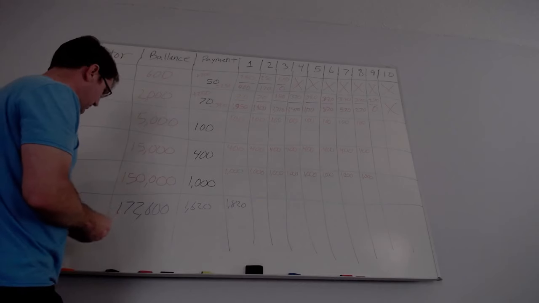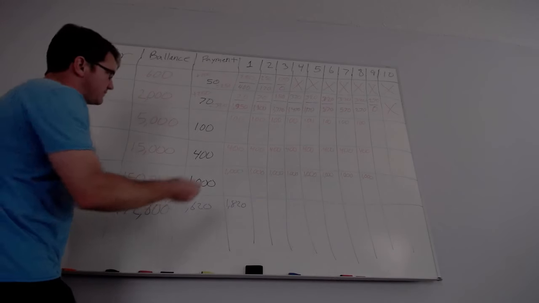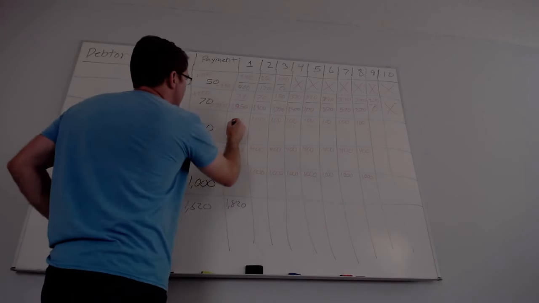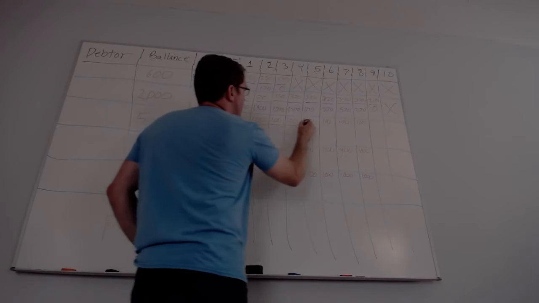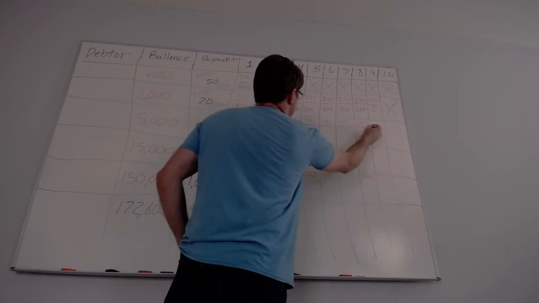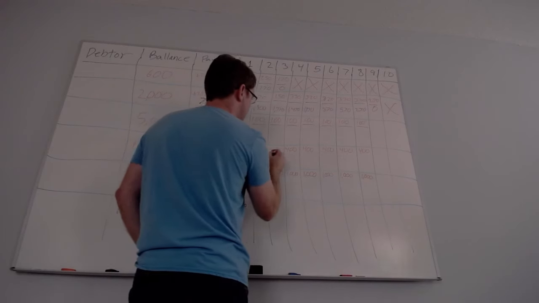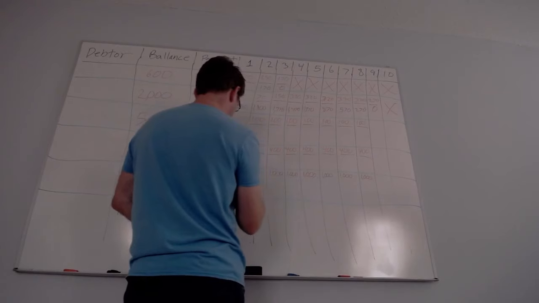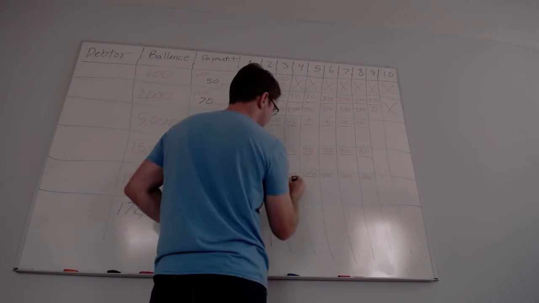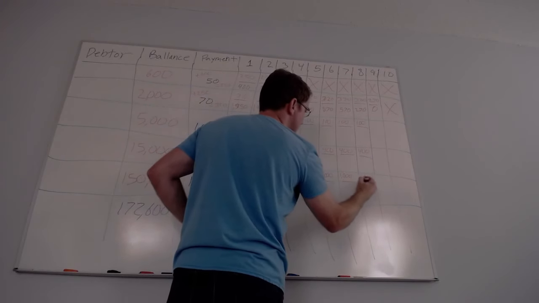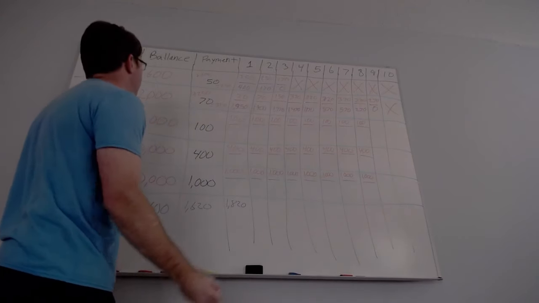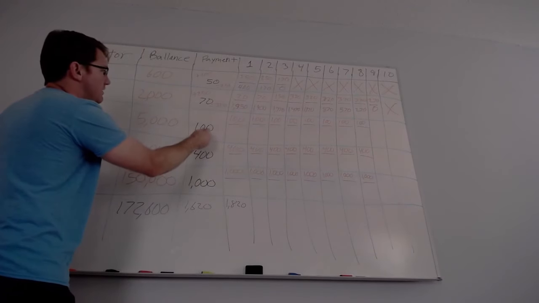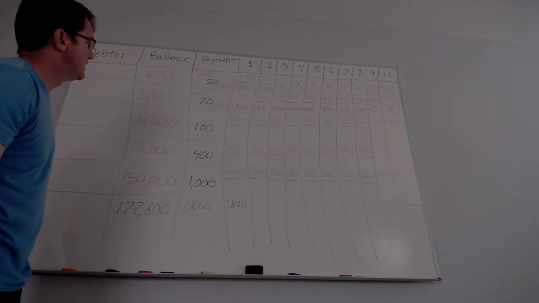Okay, now let's see. So we're going to do balances. Let's see how our balances are coming. Velcro this thing to the wall. It's flexing on me. Okay, so $100 on a $5,000 month.